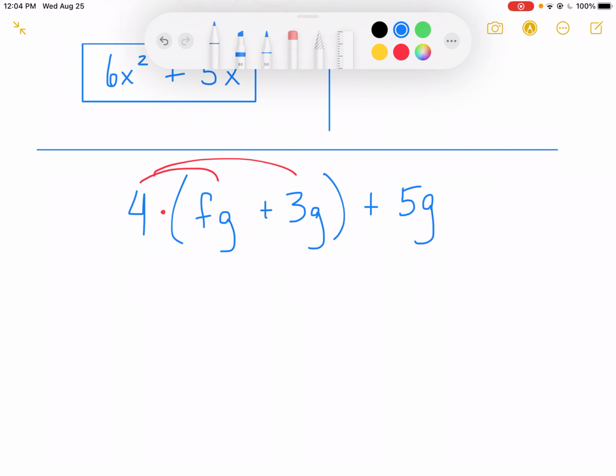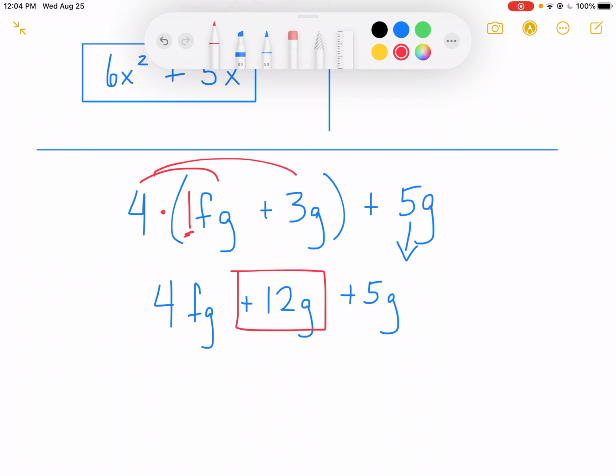So 4 times fg. Now, fg is really like 1 fg. If there's no number out here, we can assume it's a 1. So taking 4 times 1 is easy. 4 times 1 is 4. fg just tags along. Then 4 times 3 is 12g plus 5g. Okay, so now we're back to combining like terms.